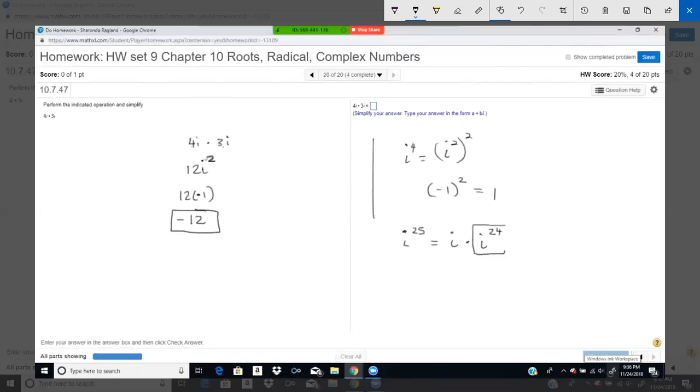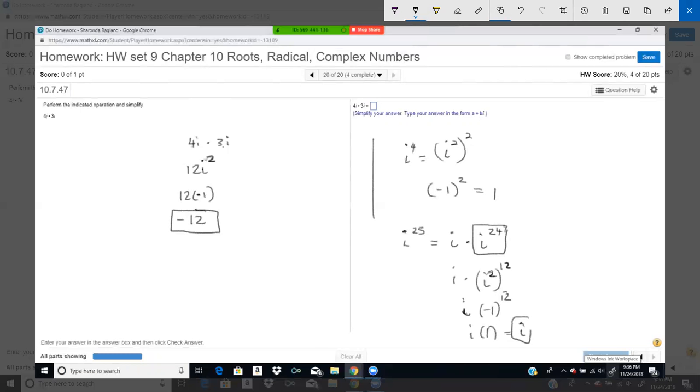Now we can do the same thing with this one as we did up here. Write it in terms of i squared to a power. So that's i times i squared raised to what? Good, to the 12th, because when you have a power, you multiply. So that would give me 24. So this is negative 1 to the 12th. That's an even number of negative signs, which means it'll be positive. So that's i times 1, so that's i.